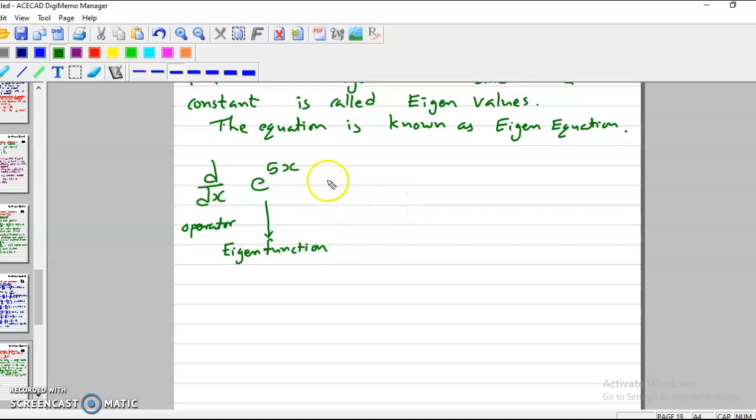Why? Because the solution of this equation derivation is phi into e raised to phi x. So e raised to phi x is the same function like this eigenfunction. So the solution should have the same eigenfunction along with constant, and that constant phi is known as eigenvalue.